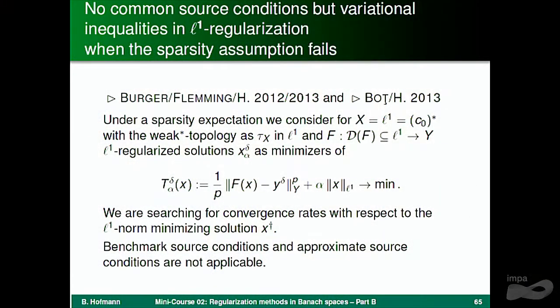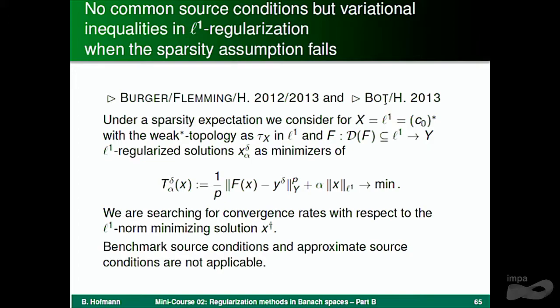And so our assumption came in the following. We make L1 regularization. X is l1. Pay attention that this has a pre-dual space c0, which is a separable pre-dual space. The weak star topology works here in that way.